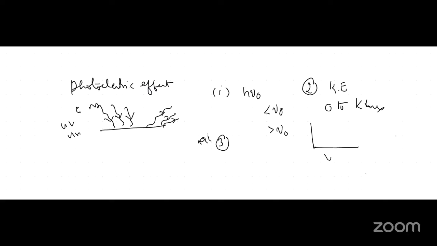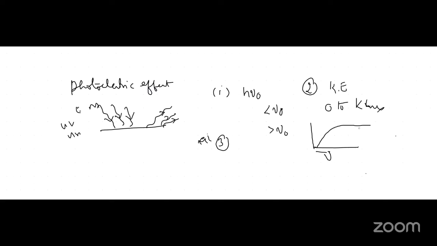If you increase this V value, the current increases, comes to the saturation region, and keeps constant. Similarly, when negative potential is applied, the current decreases.